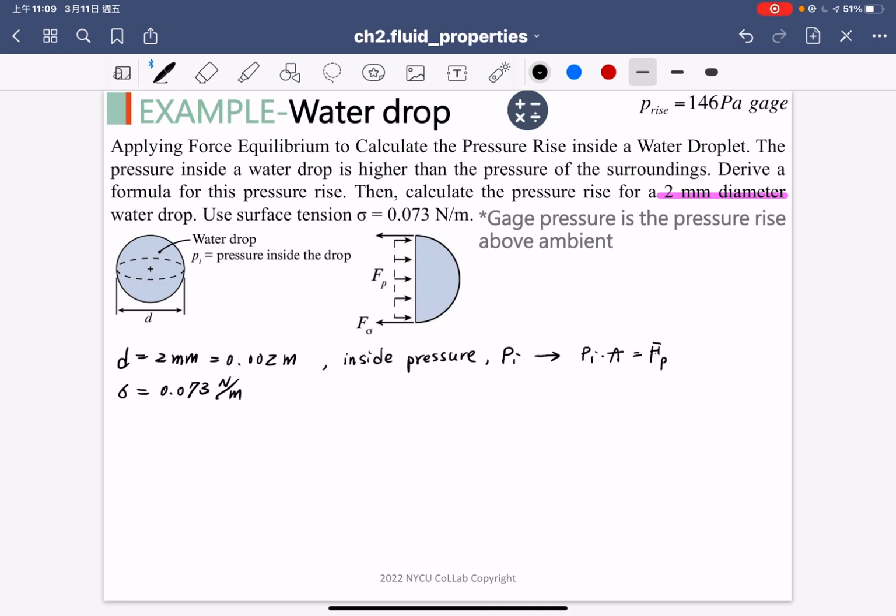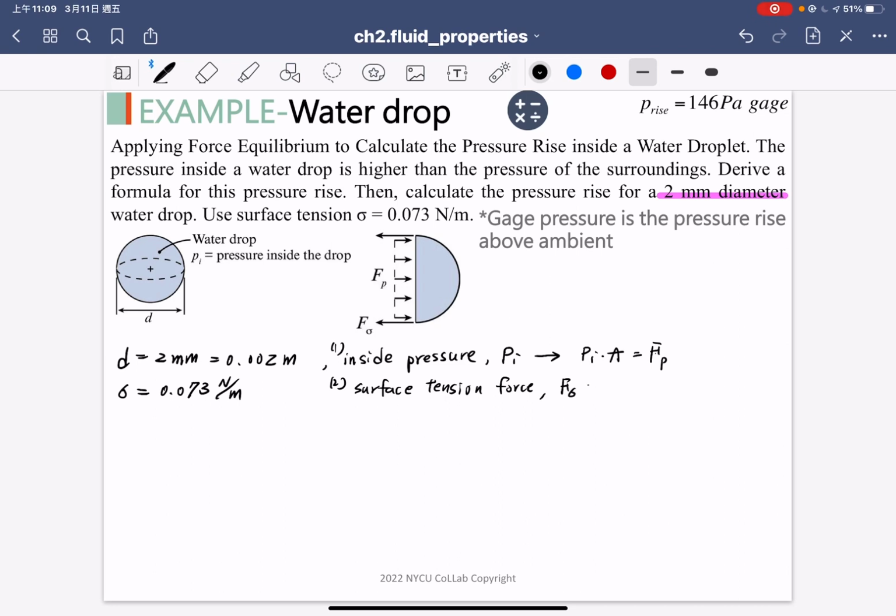So we should compute the pressure force first. This is our first purpose. And the second, the force comes from the surface tension. We call that the surface tension force, and here we use F sigma.